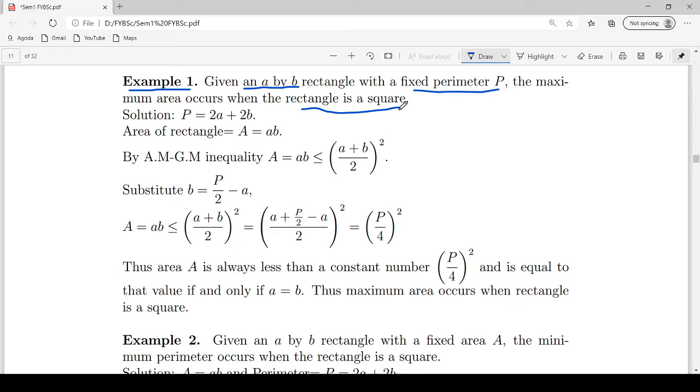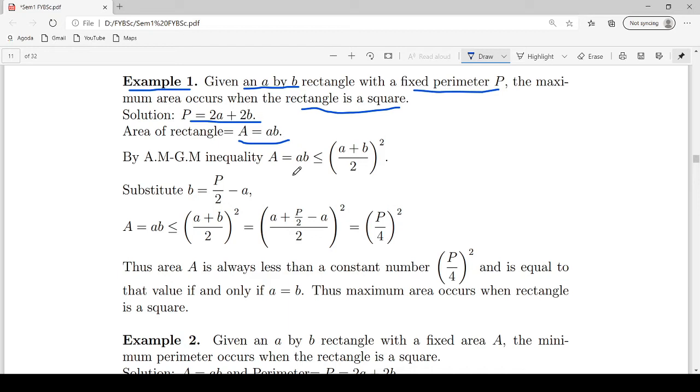So we have assumed the dimension of our rectangle is A by B. Perimeter is the addition of the lengths of all four sides, and since opposite sides of a rectangle are equal, the perimeter is 2A plus 2B, and the area is A into B. Now we will apply AM-GM inequality on A and B. So arithmetic mean of A and B is greater than or equal to geometric mean of A and B. Arithmetic mean is (A plus B)/2, and geometric mean is square root of AB.